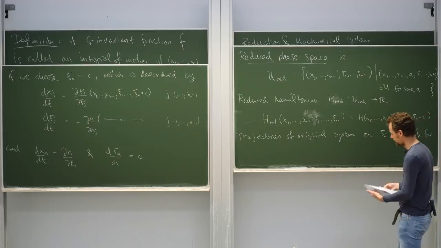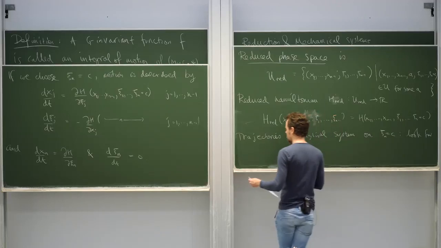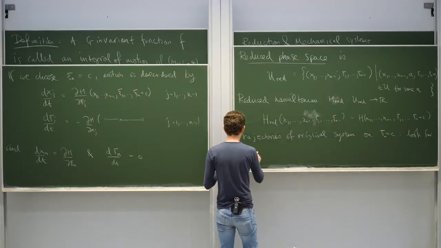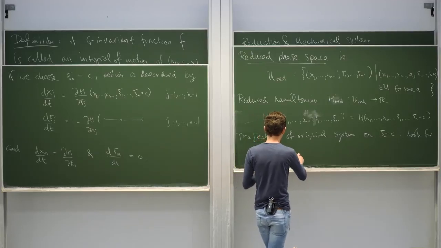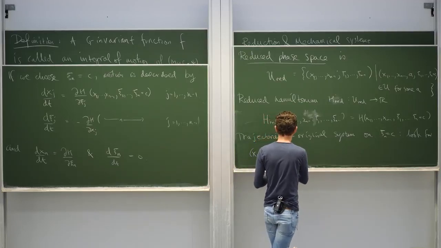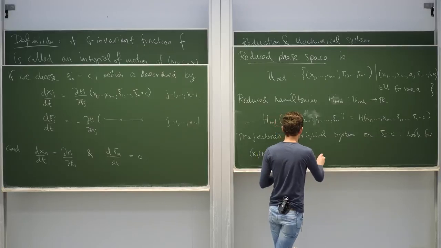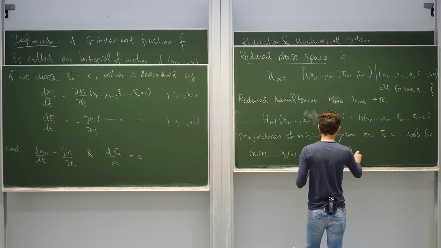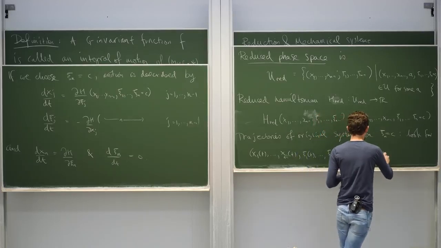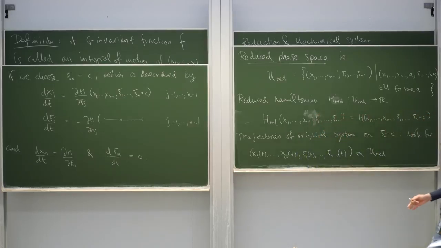And the way to do it is you look for trajectories on the reduced system and then you integrate some equations to get the trajectories on the full system.